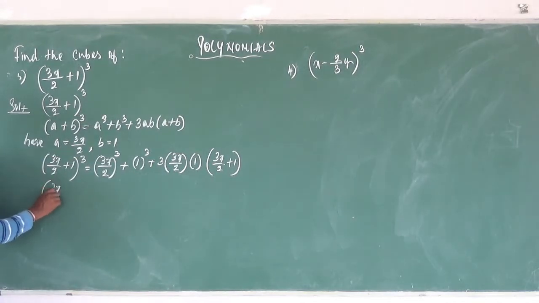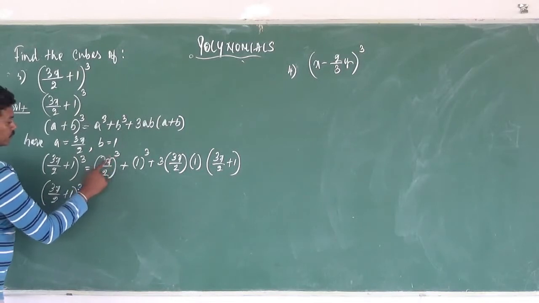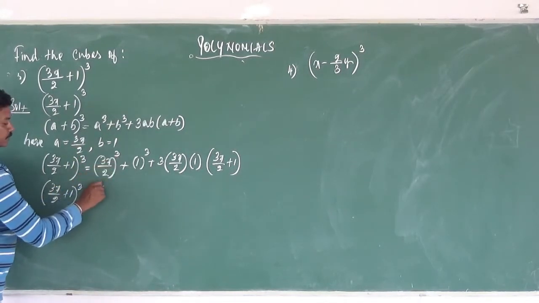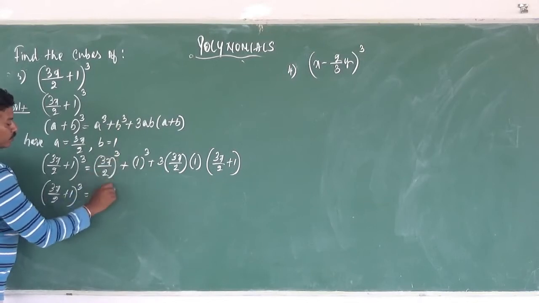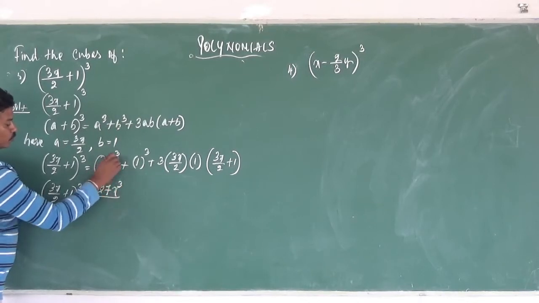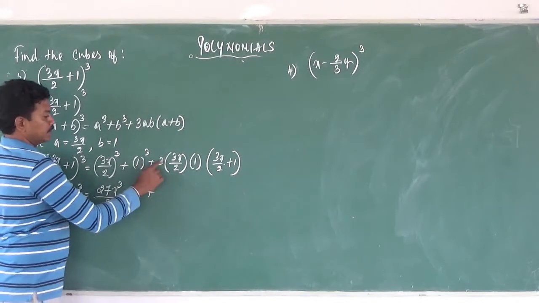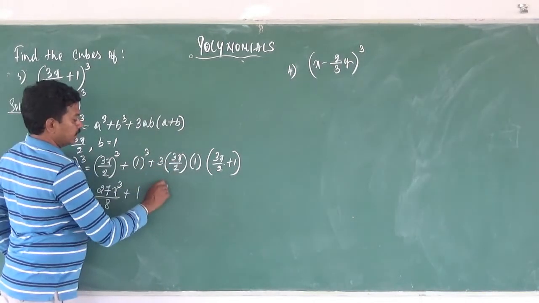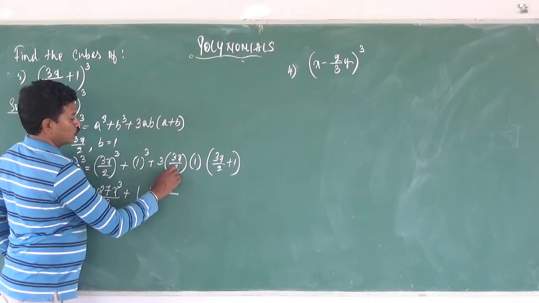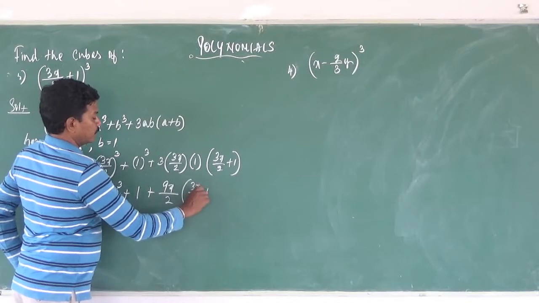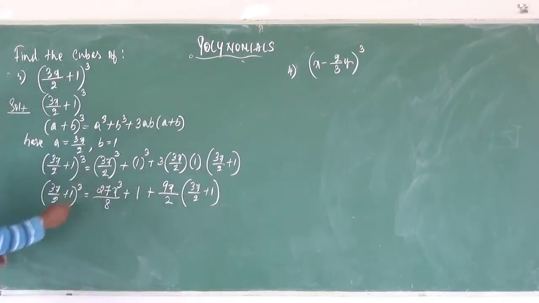The cube applies for all the three terms. So 3 cube is 27, x whole cube is x cube, by 2 cube is 8, plus 1 cube is 1, plus 3 into 3x into 1 is 9x by 2, and it is (3x/2 + 1). In the next step we will multiply that.